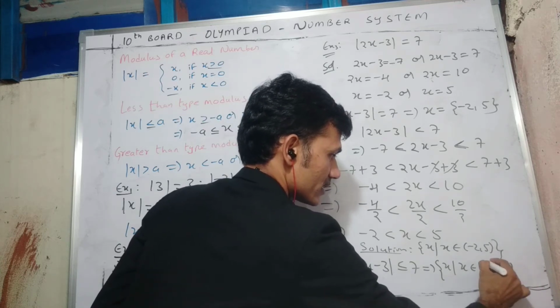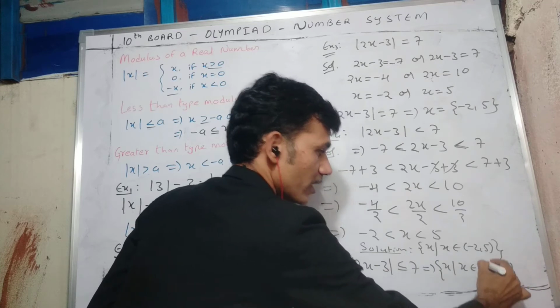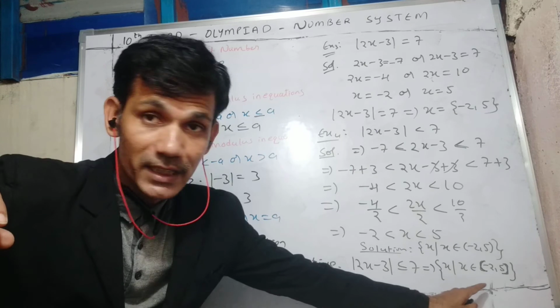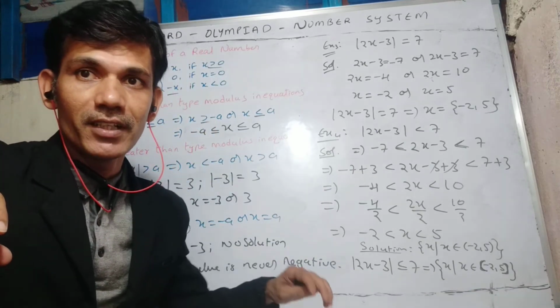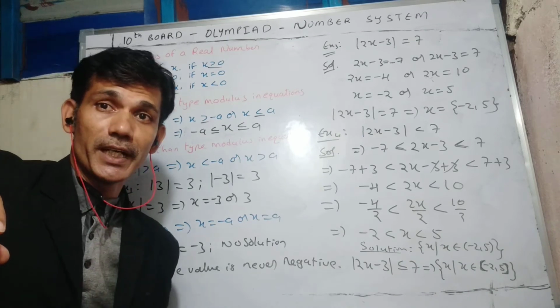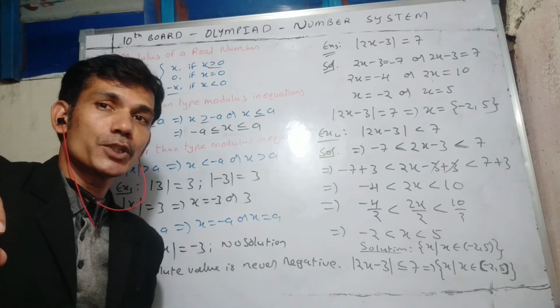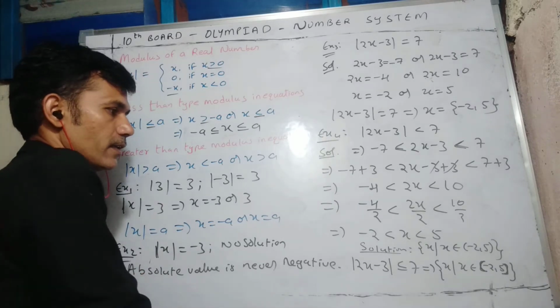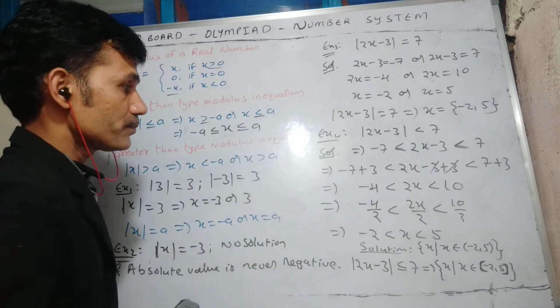Here we have to see this difference. Why are we using them? It will not only take the values between minus 2 and 5, it will take the boundary values minus 2 and 5 also. They are also included. That means from minus 2 to 5 you are taking. Like that we can write the solution.